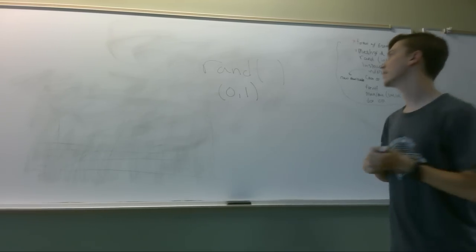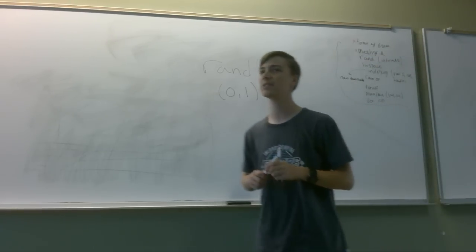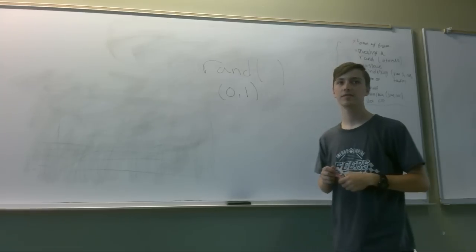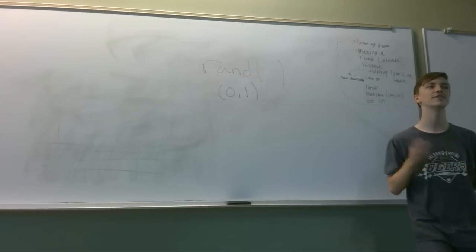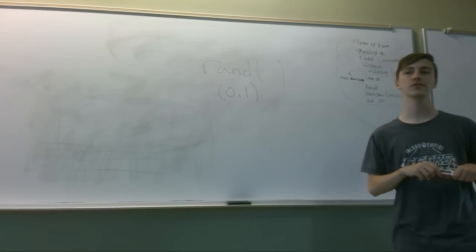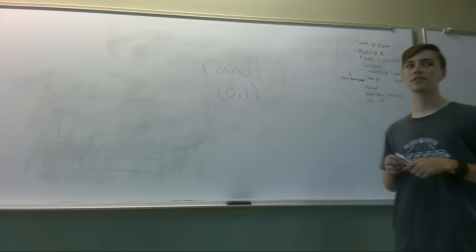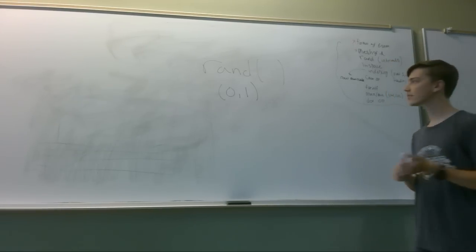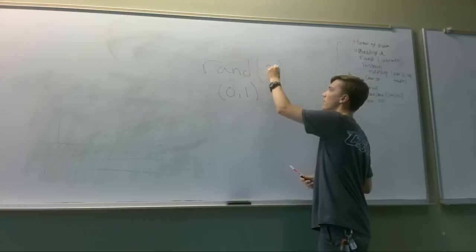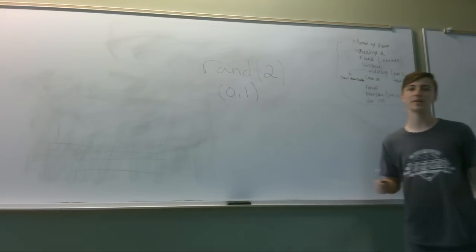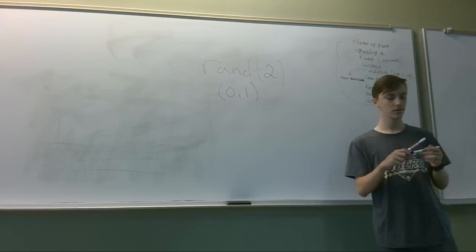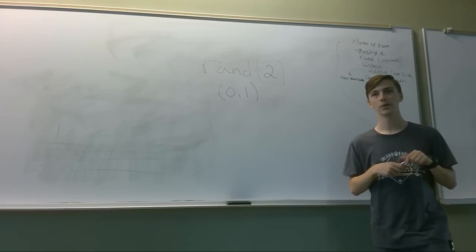And then how do I change how many values I'm going to get? In the parentheses you put a number. Right? So if I have random 2, how many values am I going to get? 4.